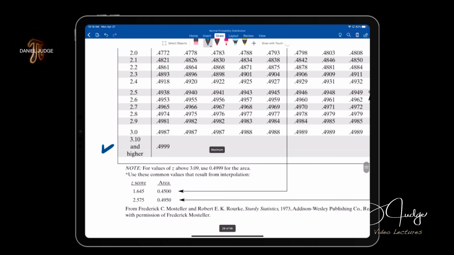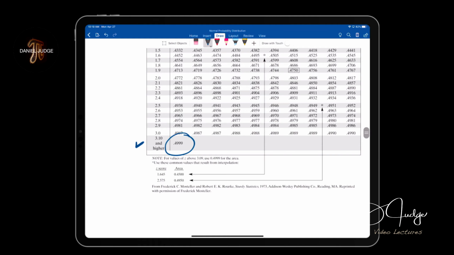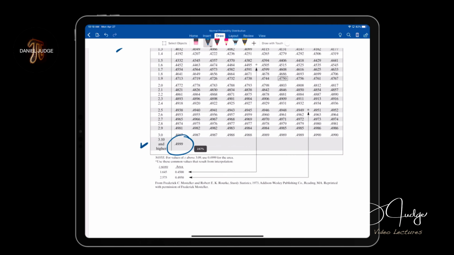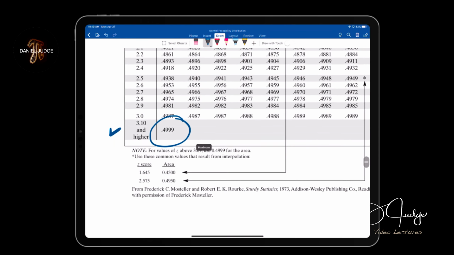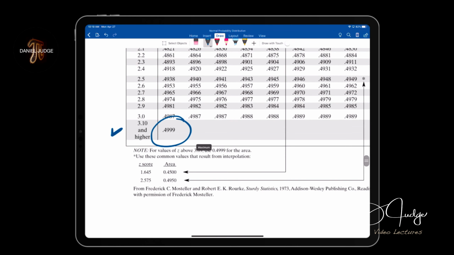So what does it say we do if it's higher than 3.10? Anything that number and higher, we use this value. That's what this means. We use 49.99%, or 0.4999 as a probability.